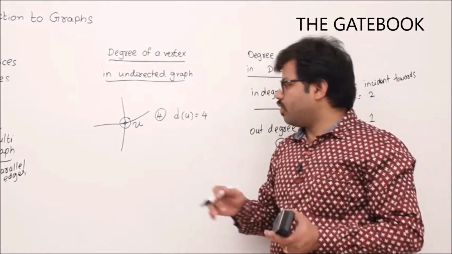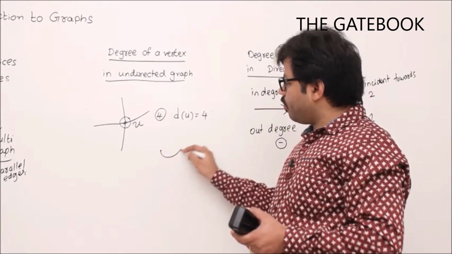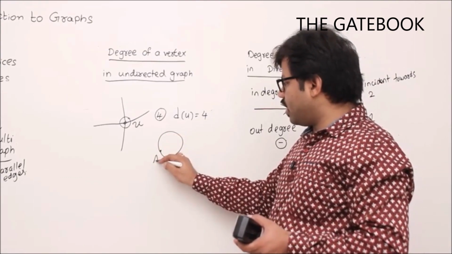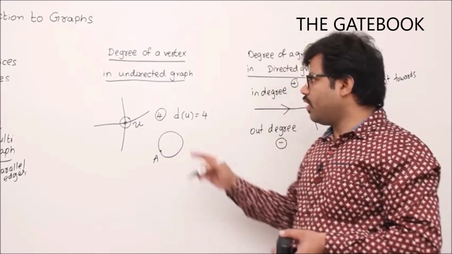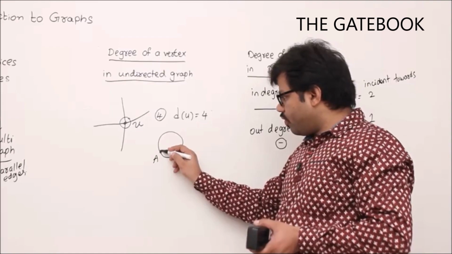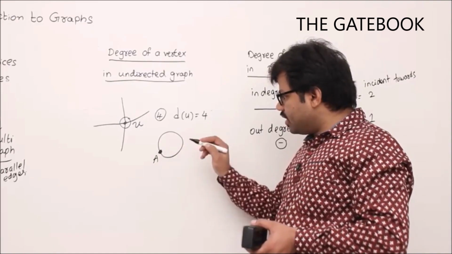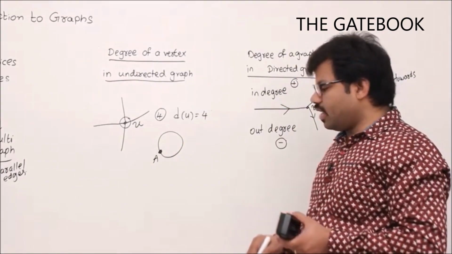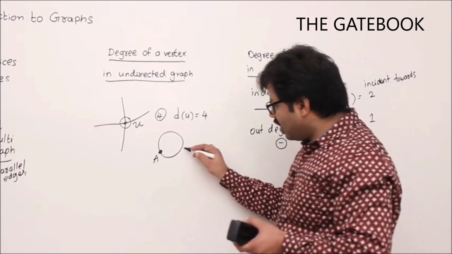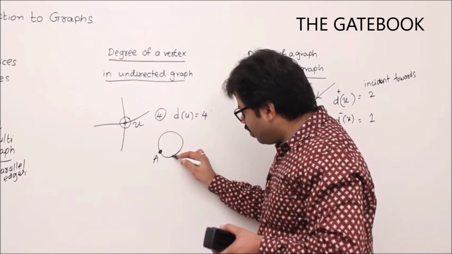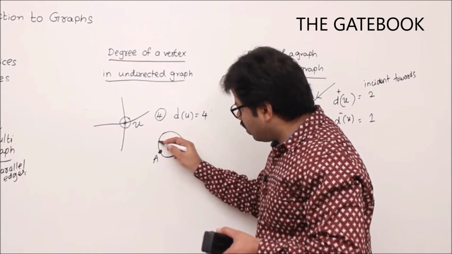Now what about a self loop? When there is a self loop, how do we understand it? According to the definition, it is the number of edges which are incident on this vertex, right? The same edge is incident from two sides.